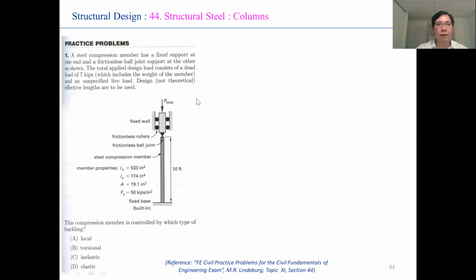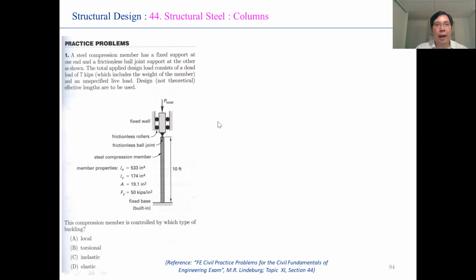You can see here the data of the steel compression member. A steel compression member has a fixed support at one end and a frictionless pin joint support at the other, as shown in this figure.